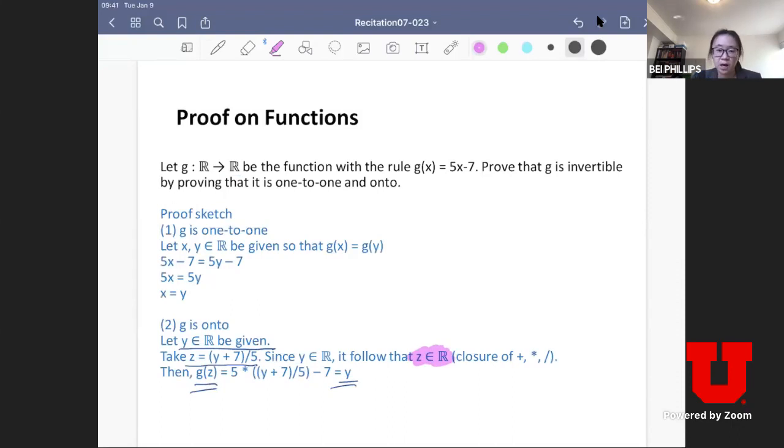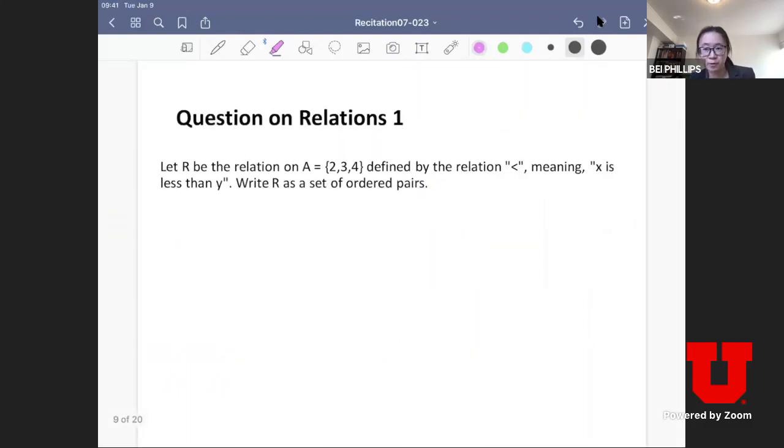And that is because of the closure property of real numbers under addition, multiplication, division, and subtraction. Okay, any questions? If there's no questions, we're going to move on to a few easy questions.